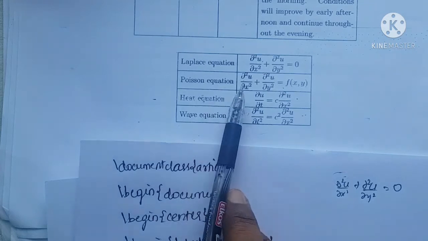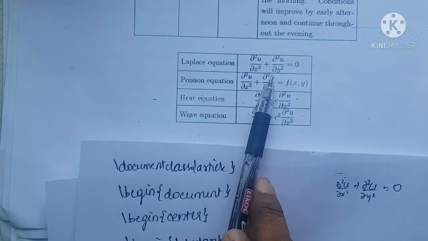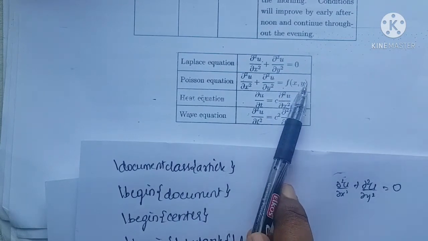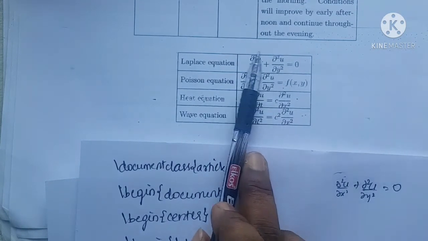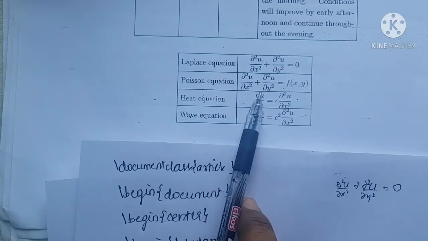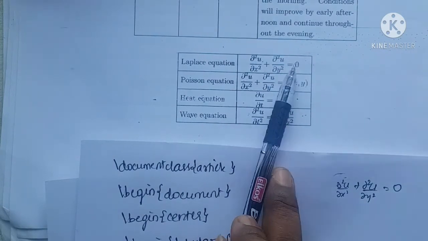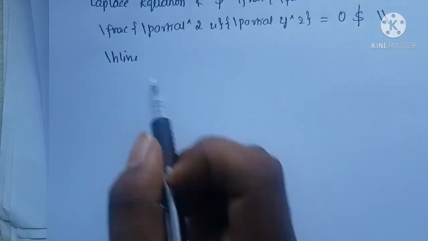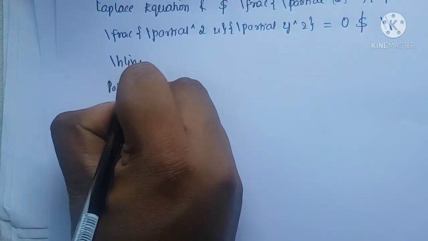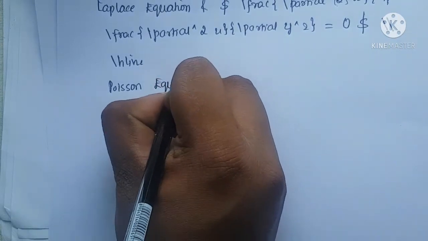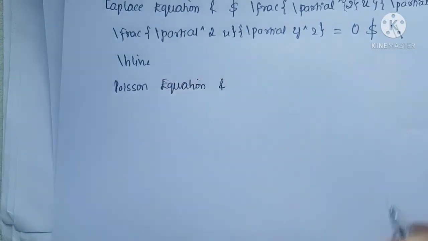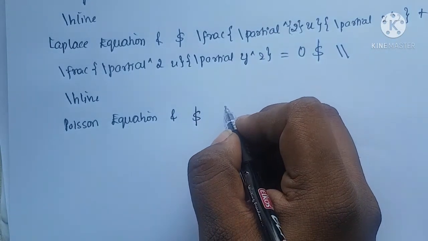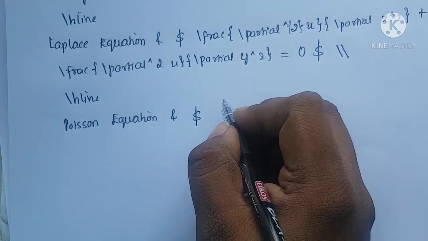Poisson equation. Dou square u by dou x square plus dou square u by dou y square equals f of xy. Same command. Instead of 0, you need to use f of xy. Let me write the command now. Poisson equation, and what is the command now? Dou square u by dou x square plus dou square u by dou y square.